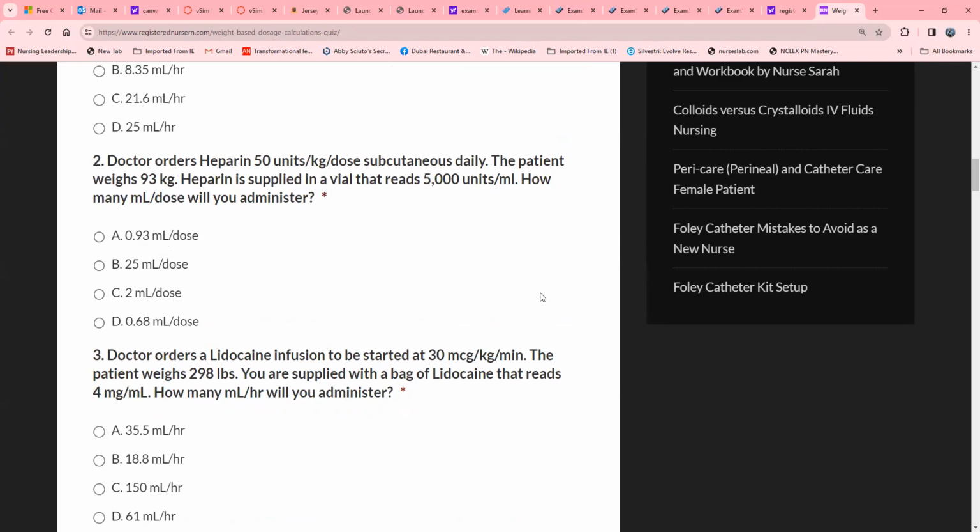What you have, though, is 5,000 units per ml, right? That's your given there. Okay. We know the patient weighs 93 kilograms. And we know that the doctor ordered 50 units per kilogram, per dose.